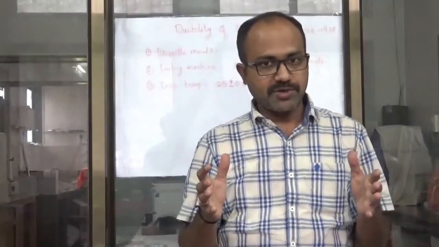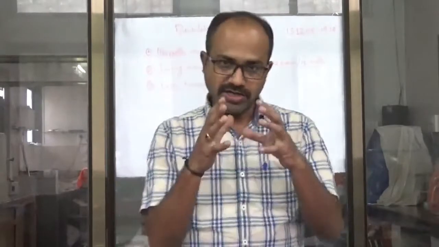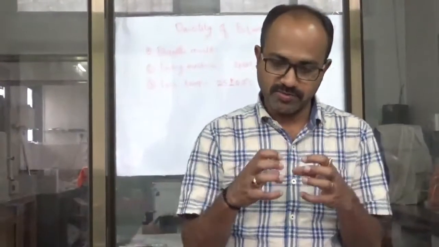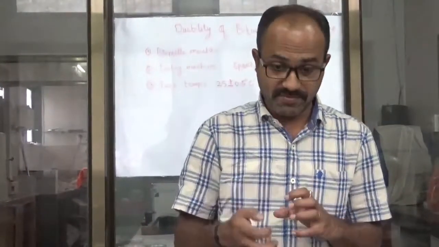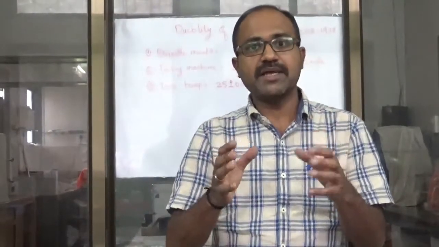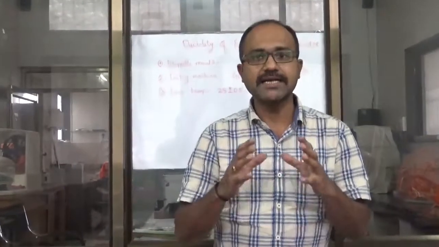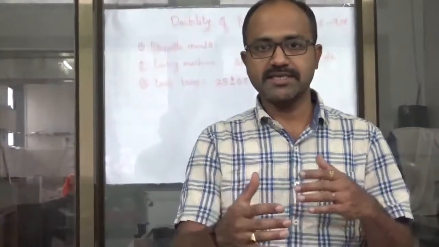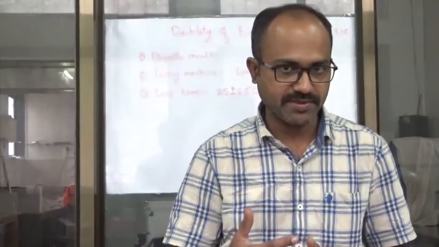So ductility of bitumen is nothing but the elongation of the bitumen before its break point, when my briquette sample is tested under standard conditions, that is the speed and the temperature.